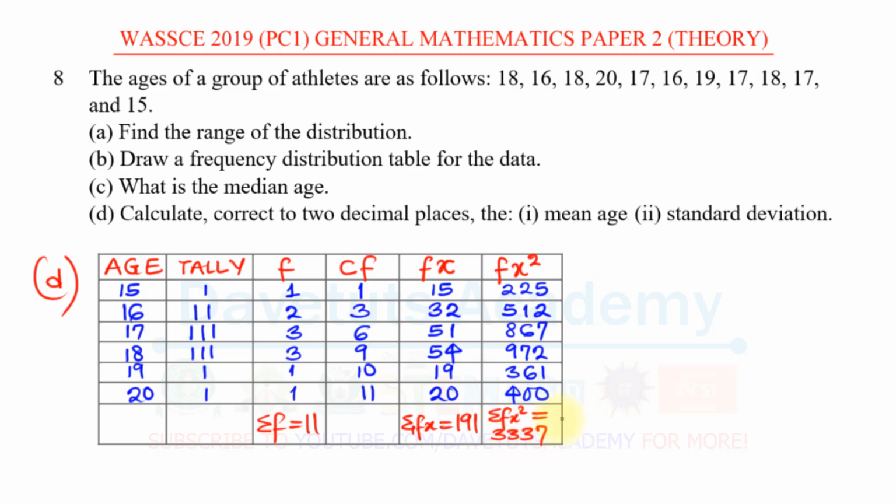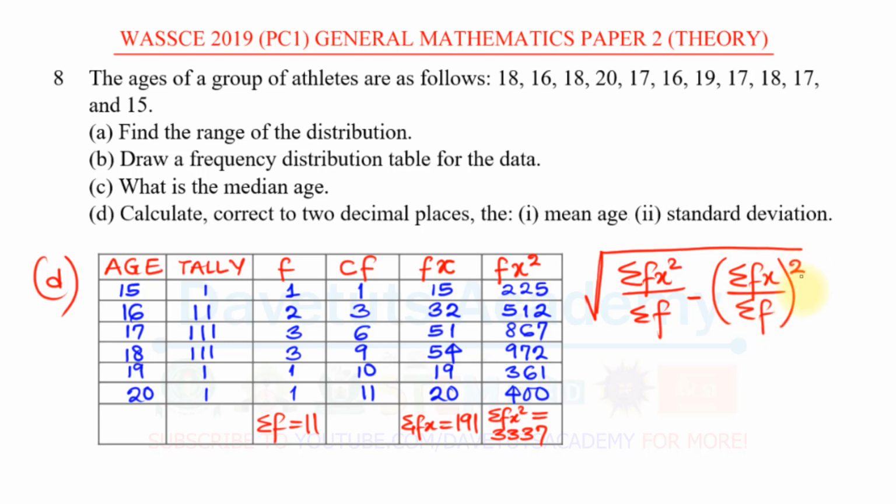Okay, now what is the formula for the standard deviation? The standard deviation is given as the square root of sigma fx squared over sigma f minus sigma fx over sigma f, all raised to power 2. Now if you notice, this is nothing but the mean, the mean that we just got as 17.36.